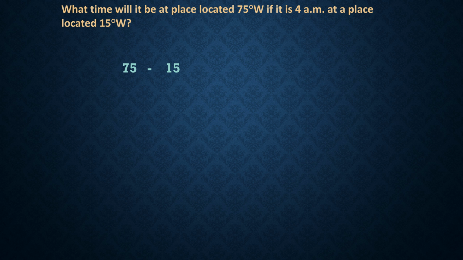Once again, we're going to subtract our 15 from our 75, and the difference is going to be divided by 15 because 15 is equal to 1 hour. This means 60 divided by 15 is equal to 4 hours.